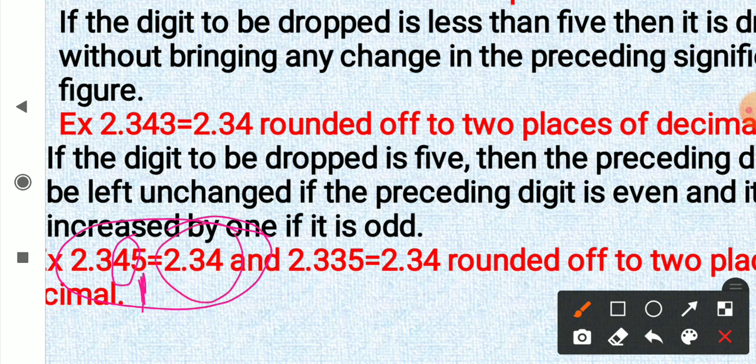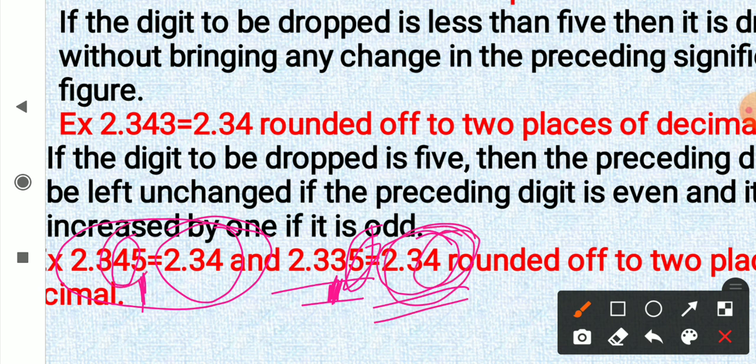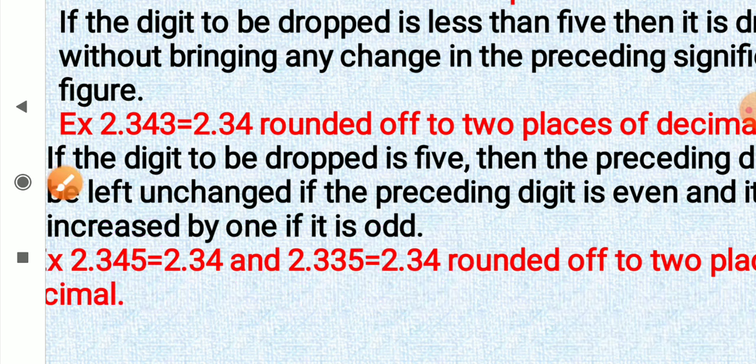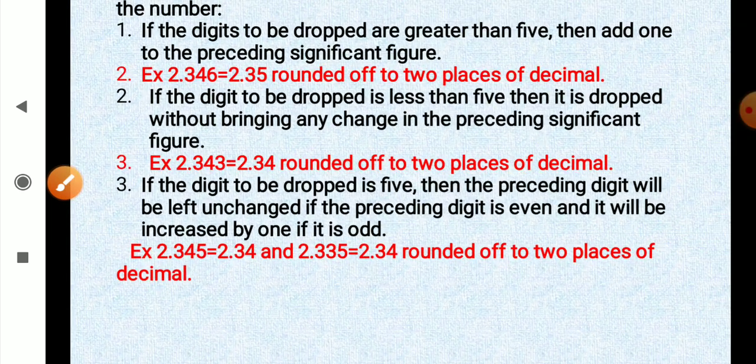So the result will be 2.34. And in this case, I have to drop this 5 and the preceding digit is the odd number 3. So we increase it by 1. So I get the result as 2.34. Right. So when we have to drop 5, my resulting number will always be an even number. Like here I have 4. Here also I have 4 only. So I hope this rule is clear to you.